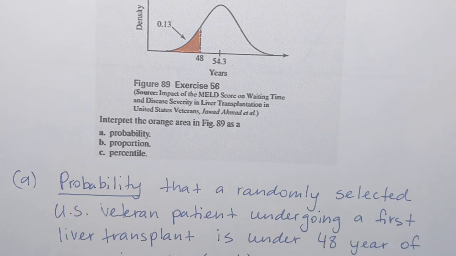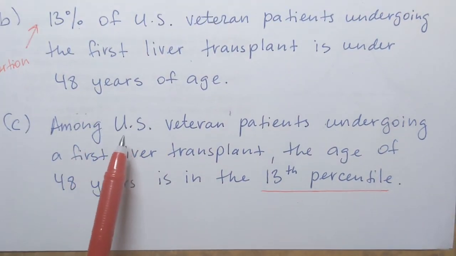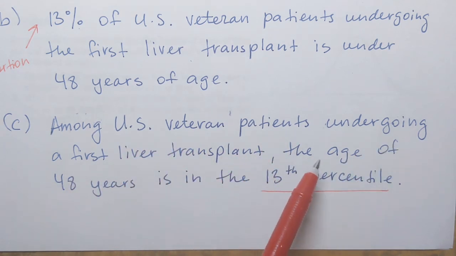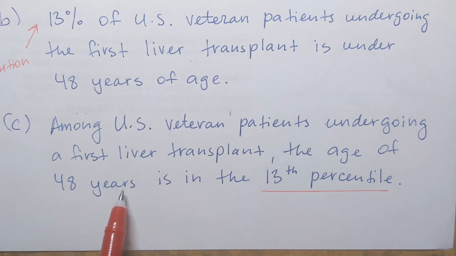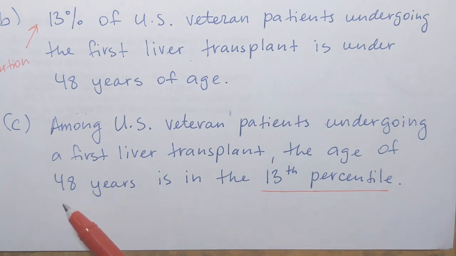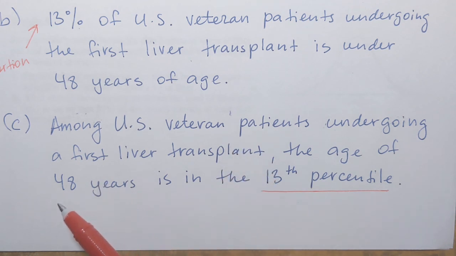Let's write this down. This is one of the ways to phrase the sentence. We can say, among US veteran patients undergoing a first liver transplant, the age of 48 years is in the 13th percentile. So if you read that somewhere, you would need to know that the meaning of that is that 13% of patients are less than or equal to 48 years in their age.